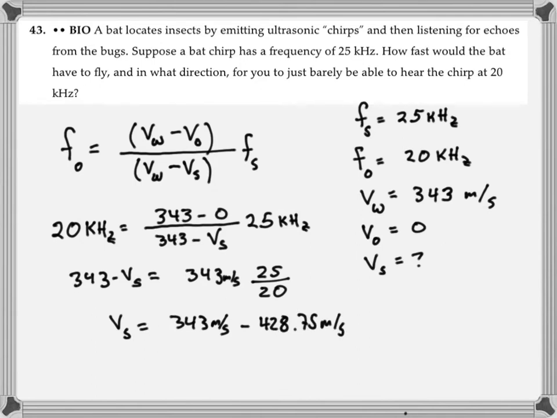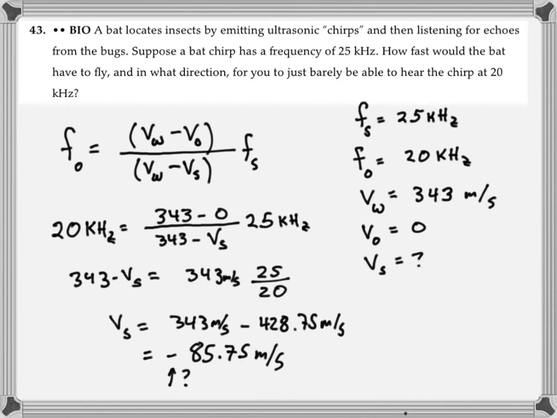And solving for Vs, it would be 343 minus 343 times 25 divided by 20, which gives you 428.75. So your final answer here is that the velocity of the source, that is the bat, is minus 85.75 meters per second.